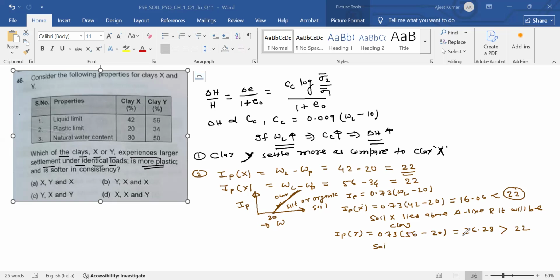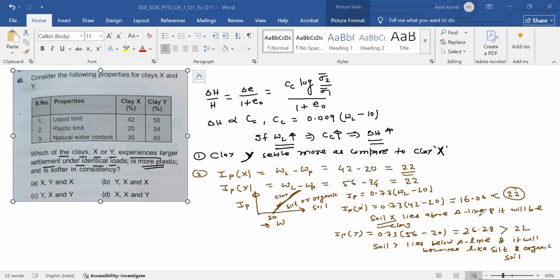Therefore, soil Y lies below the A line, and it will behave like silt and organic soil.